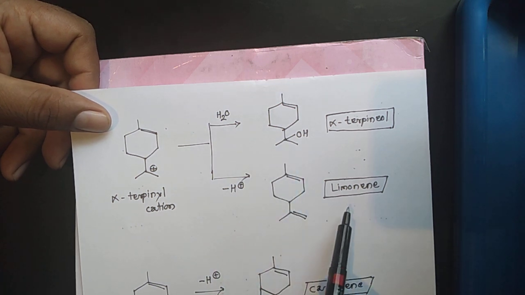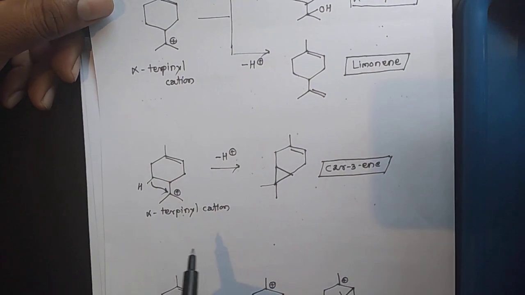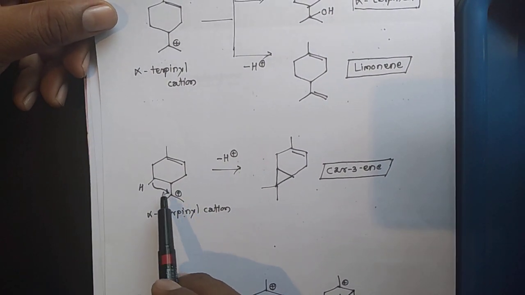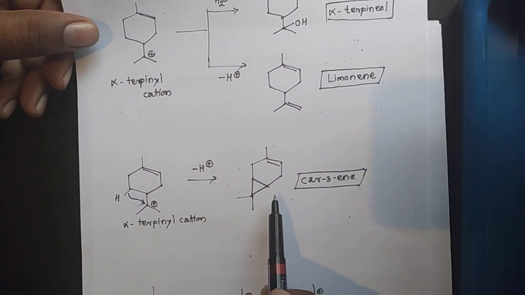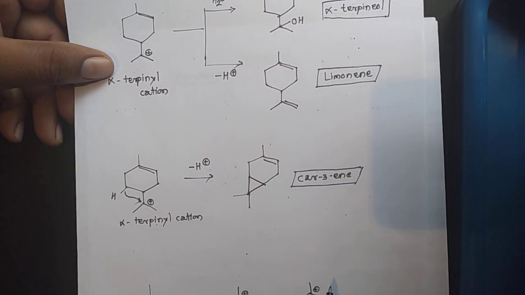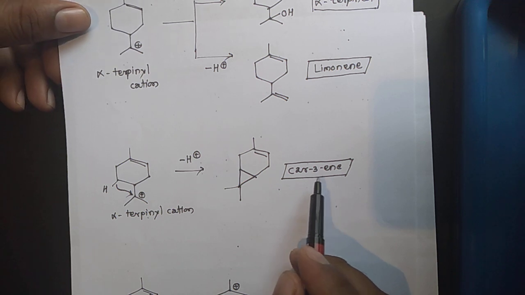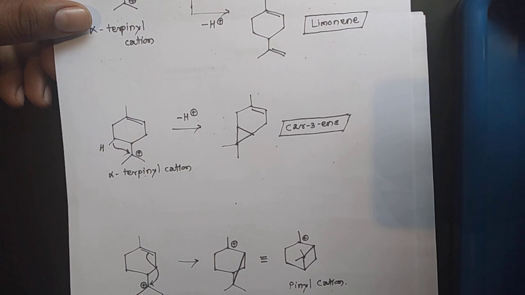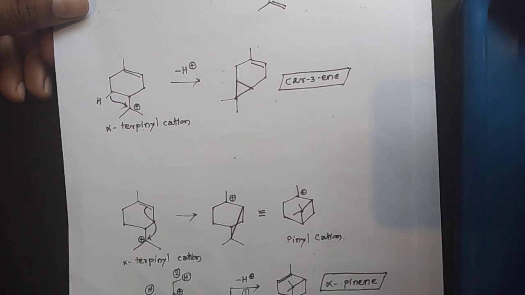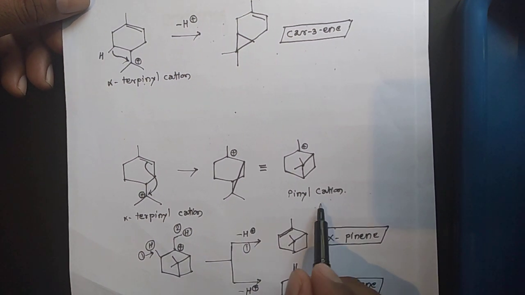Also by removing another hydrogen atom we have prepared this carene type of molecule, which is also a very important molecule of terpenoids. Apart from that, from the alpha terpineol cation we have also prepared the pinyl cation.